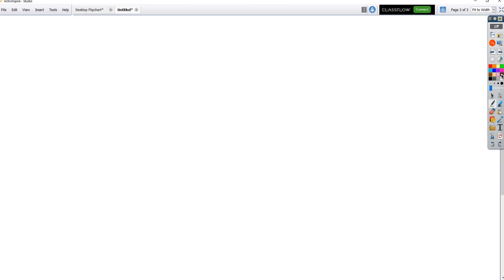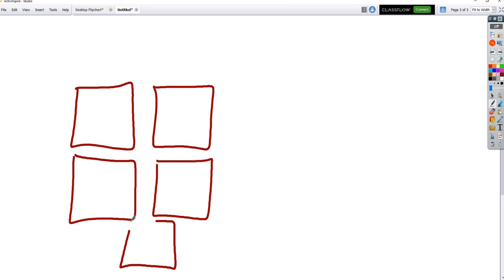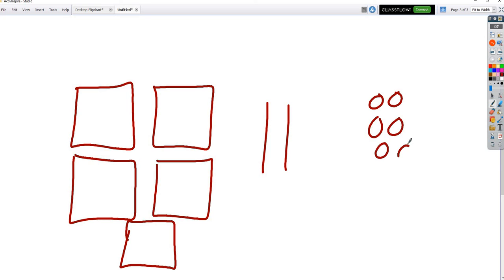What about if I just draw the blocks? What if I draw this? I'm going to do it a little bit opposite than what we were doing. What number did I draw? This time I drew the blocks.